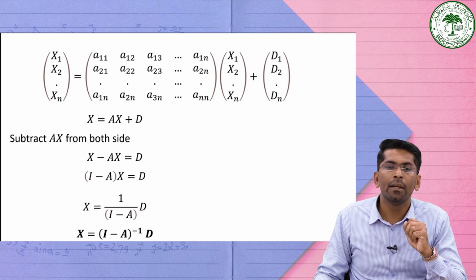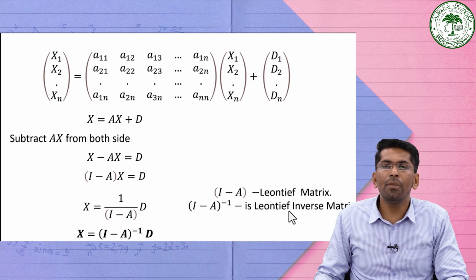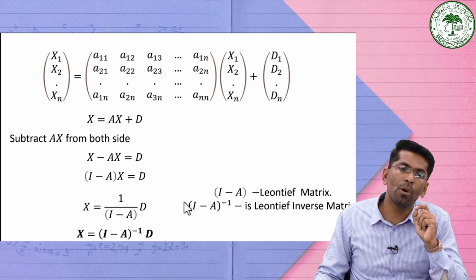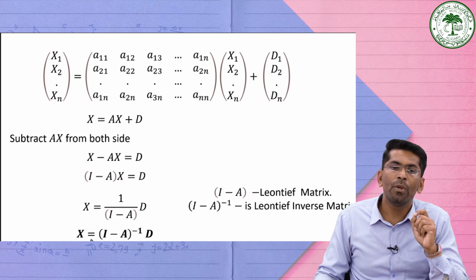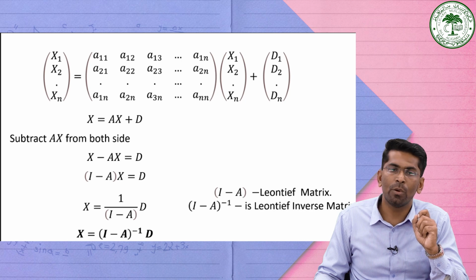The identity matrix minus the coefficient matrix is the Leontief matrix, and if you take the inverse of it, it is known as the Leontief inverse. Therefore, in order to find the output of a particular sector, we find the inverse, and then the inverse is multiplied by the final demand vector, which is the constant matrix.